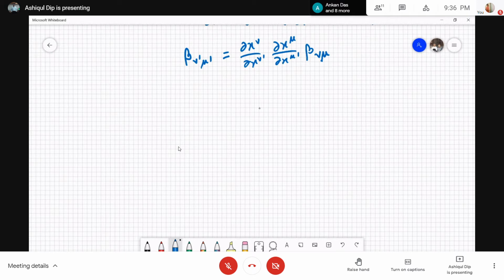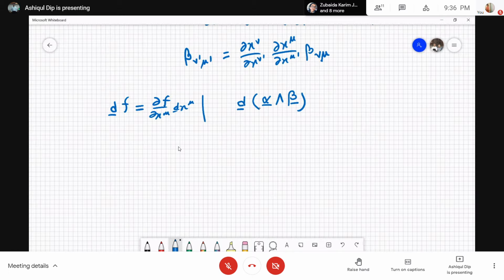One is for the zero-form, for scalars: when you take df, you get a one-form, which is the gradient, defined like delta f by delta x mu dx mu, the definition of df we have already seen. In addition to this, for arbitrary p and q forms, it's defined like this: d on alpha, which is a p-form, wedge beta, which is the q-form.